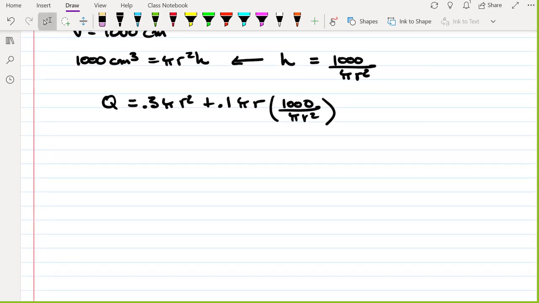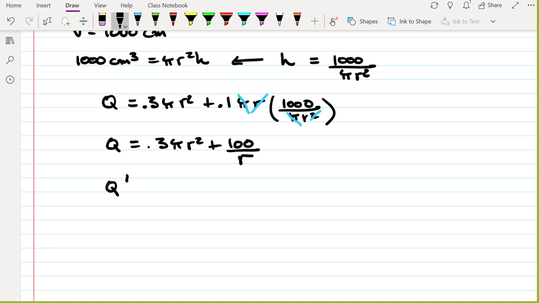So we simplify that a bit. Our r's reduce out, our pi's reduce out, and 1,000 times 0.1 is going to give us 100, so we get 0.3 pi r squared plus 100 over r. And that is our objective function.